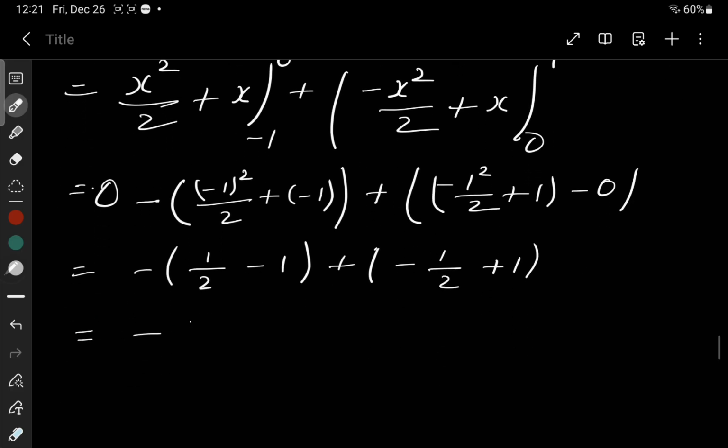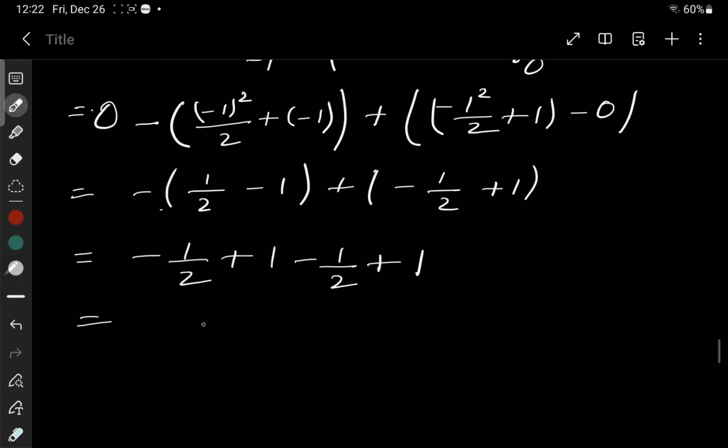Remove the bracket: minus 1 by 2 plus 1, minus into minus plus 1 by 2, plus 1. So you will get minus half minus half plus 2. This is equal to 1.